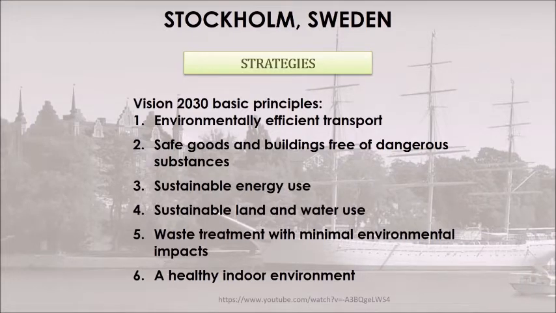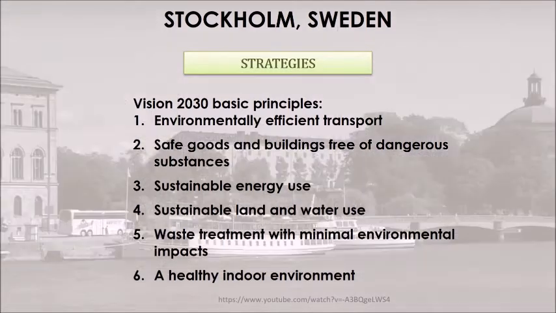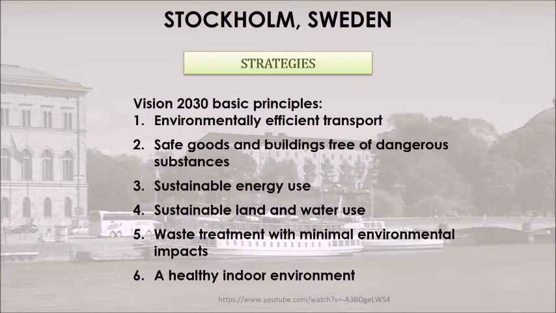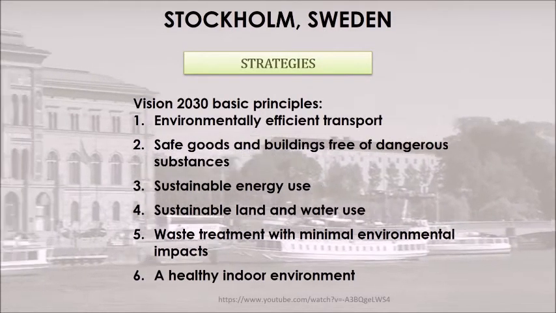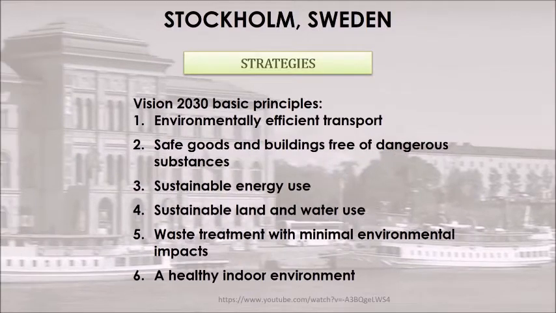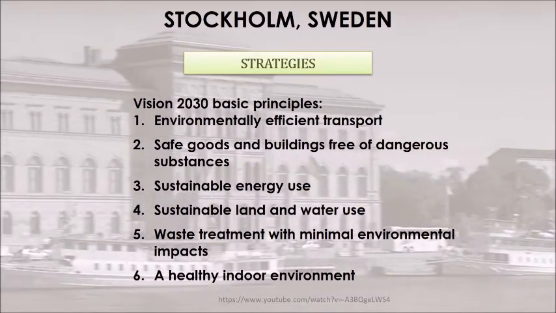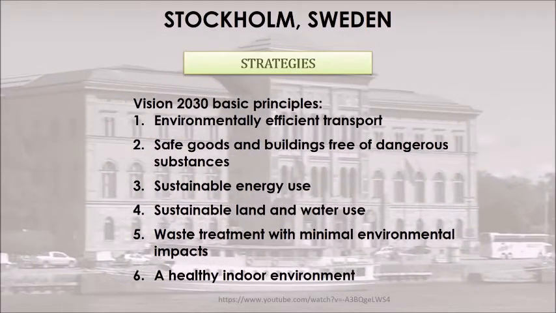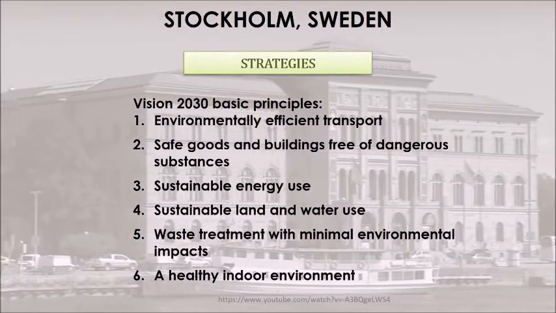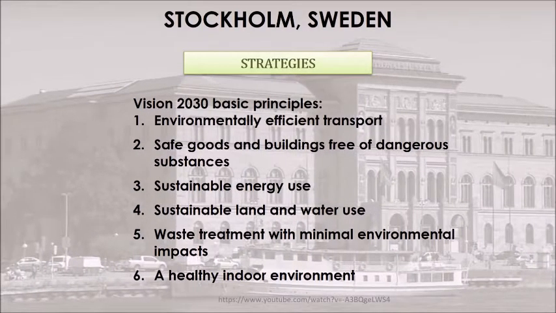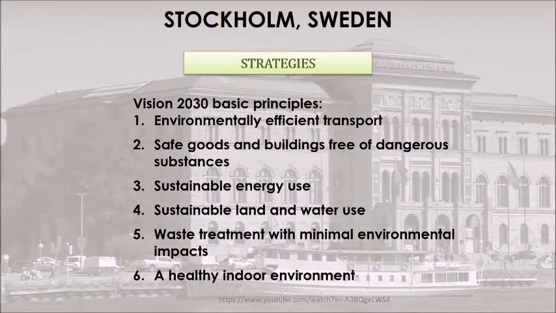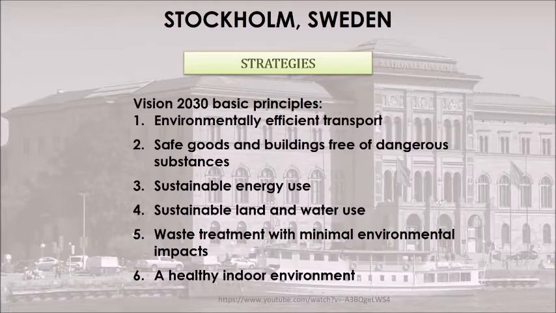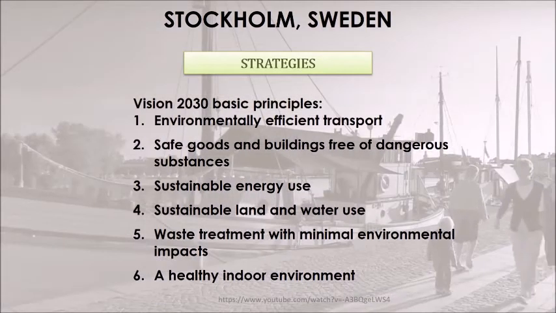The basic principles of this Vision 2030 were environmentally efficient transport, safe goods and buildings free of dangerous substances, sustainable energy use, sustainable land and water use, waste treatment with minimal environmental impacts, and a healthy indoor environment.